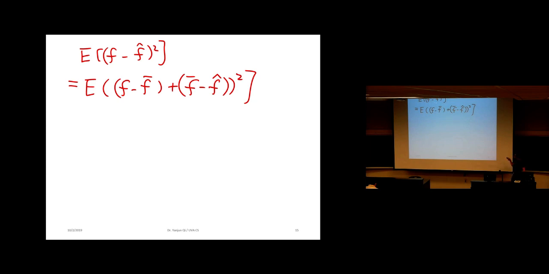I'm decomposing this difference into two parts: how the true model differs from the mean of my estimated model, and also how my estimated model departs from the mean of the estimated model. And then you can just do a decomposition, which is actually extremely easy.